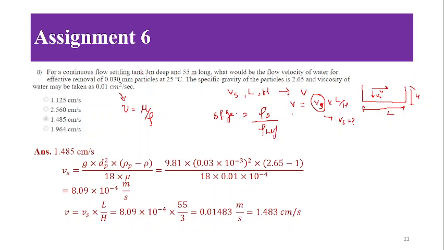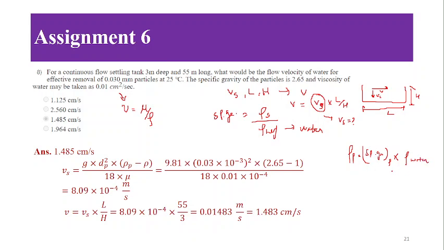So basically the rho reference is usually water. So the specific gravity is given. So how do you find out the rho s or rho p? Rho p will be specific gravity of the particle into rho of water.